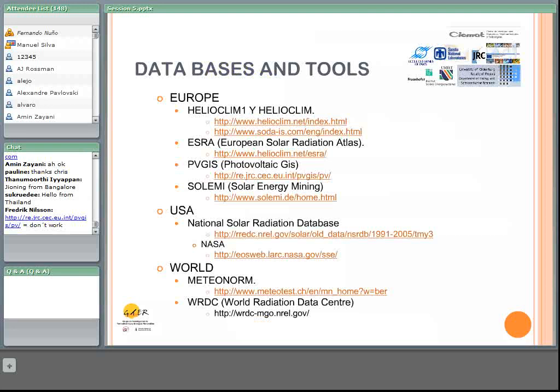There are also commercial products like Meteonorm, which perhaps many of you already know, and which is, I would say, getting to be a traditional tool, and it's improving from version to version.